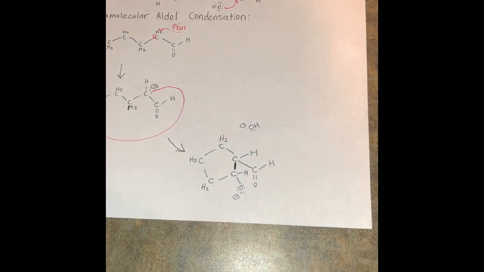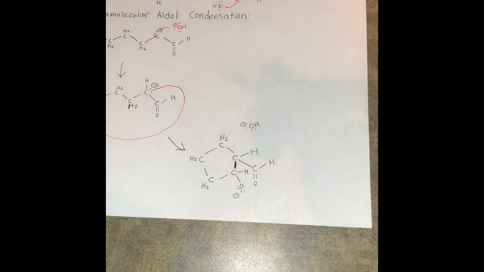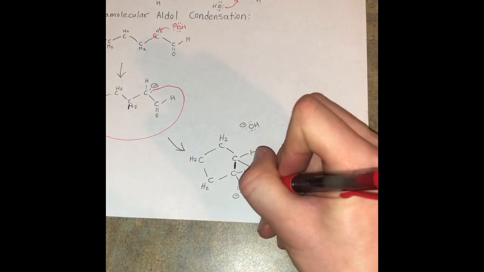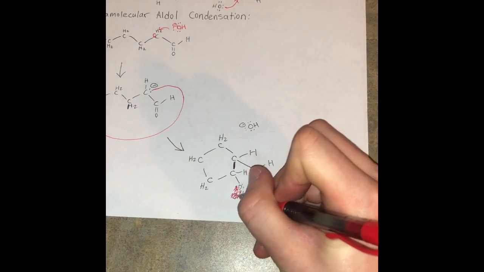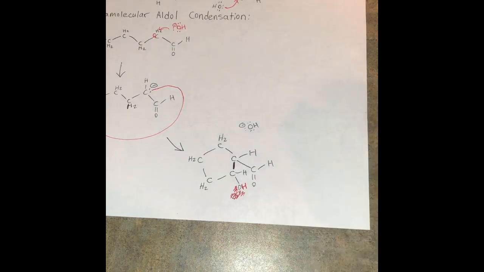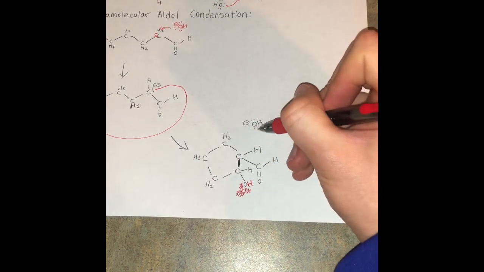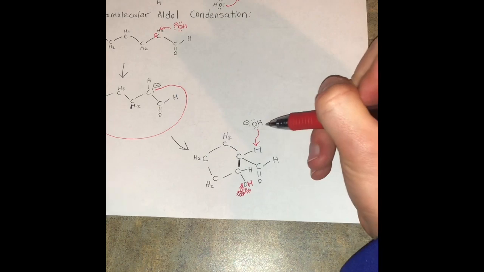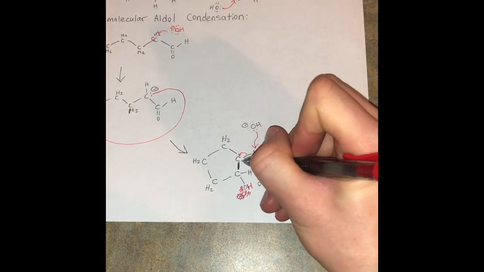So what we have to do is we have to protonate it. So you can use a molecule of water to do that. So we'll just pretend that we had protonated this, and then we don't have to redraw the whole structure for another step. So to deprotonate, we're going to steal this H. That will push electrons onto this carbon.